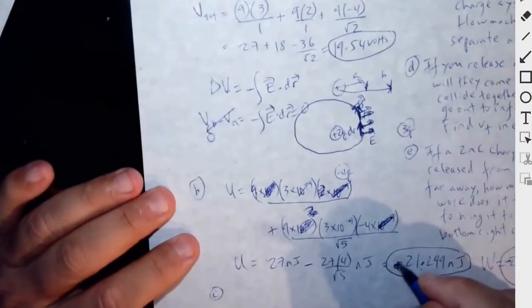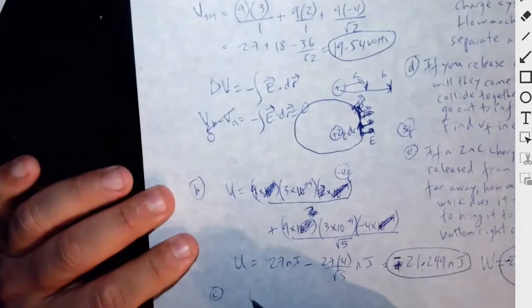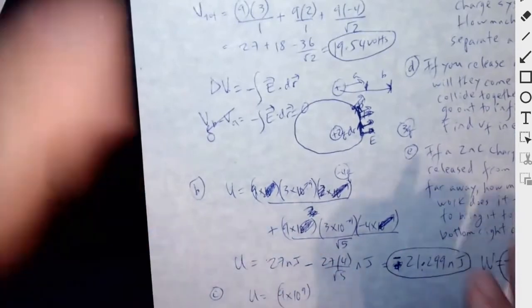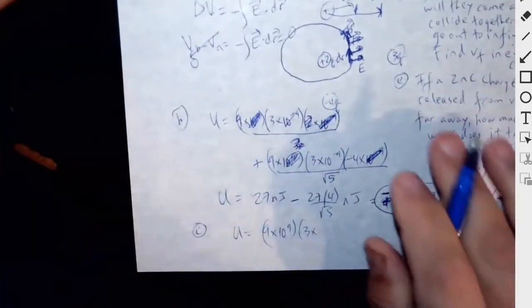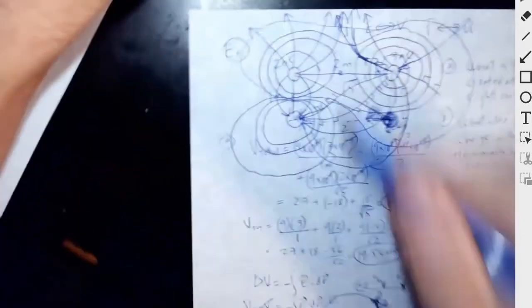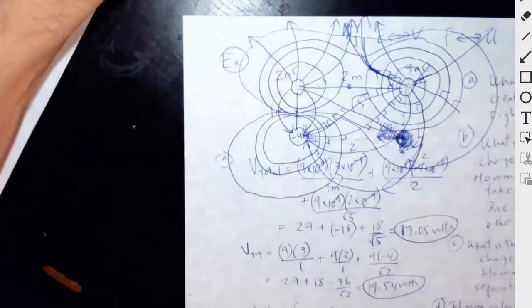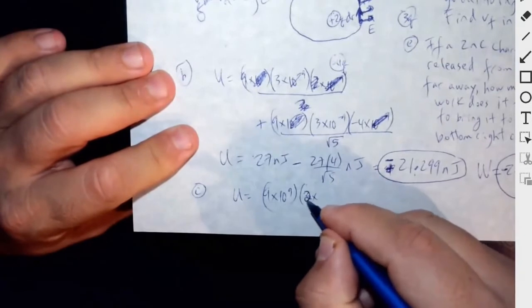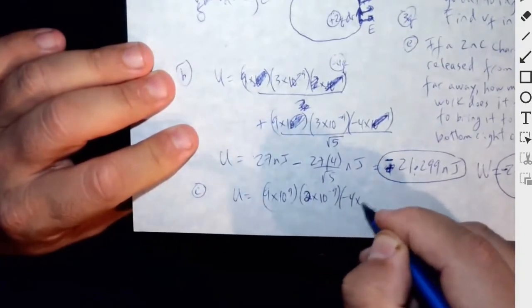So remember the answer was negative. So then I just have to add one more energy. 9 times 10 to the 9th. No, let's see, what are the charges? 2 and -4, right? I'm doing the left 2. 2 and -4.